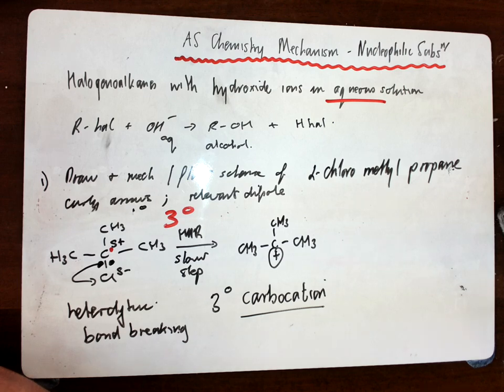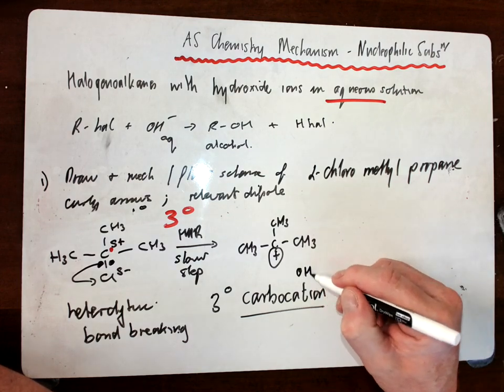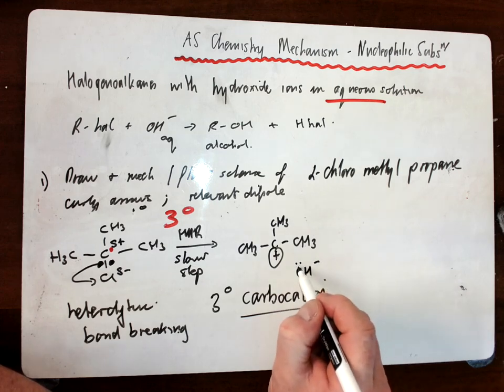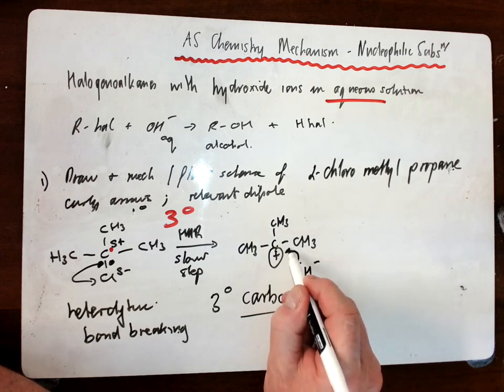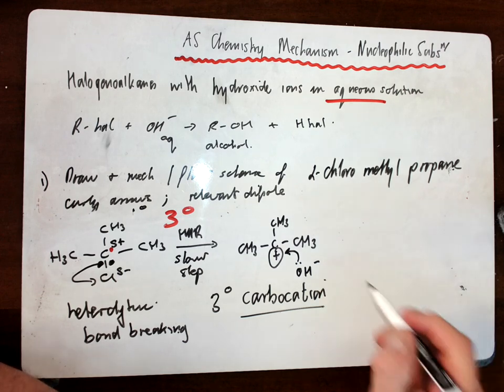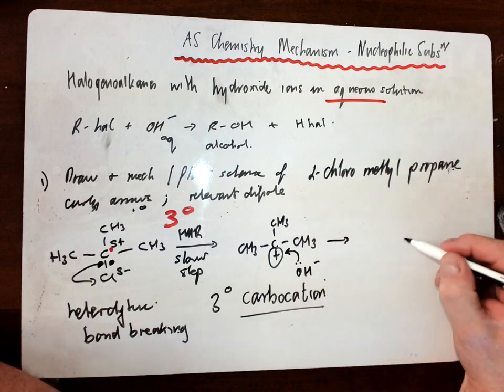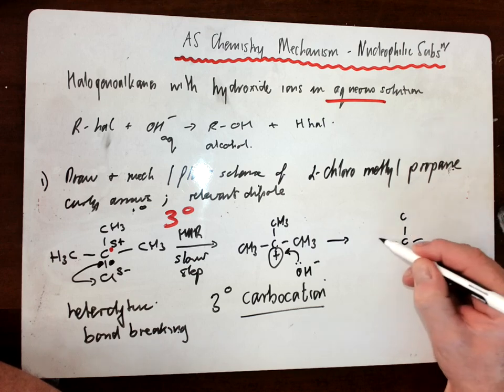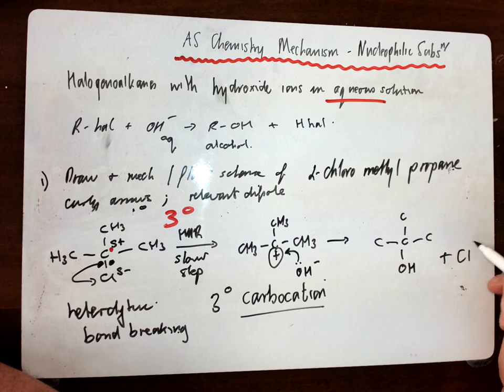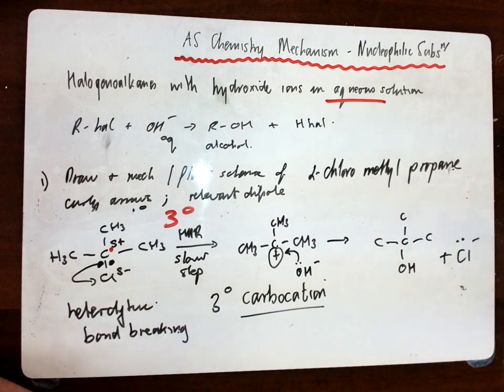And now at this point, my hydroxide ion, which is in the solution, will come into play. Again, we have a negative charge and we have a lone pair on it. And we draw again a curly arrow. And guys, it's important the arrows are curly, not straight. Okay, they mean a different thing if they're straight. Okay, so then our final product is we have our OH, and don't forget to account for your chlorine or bromine or whatever it is that has been kicked out.